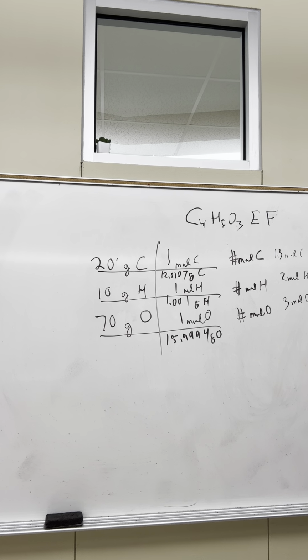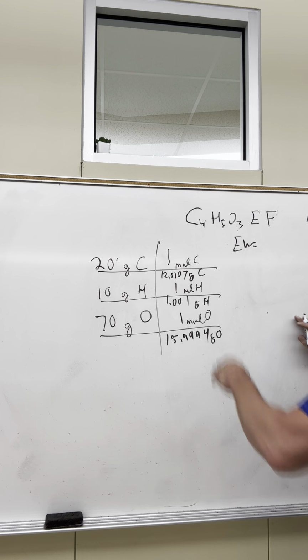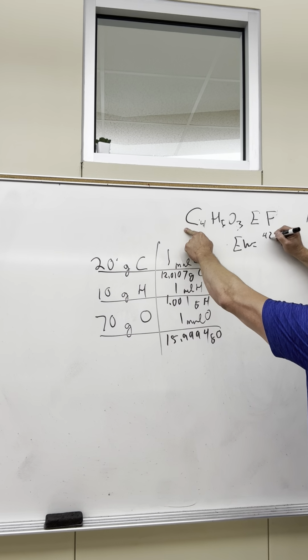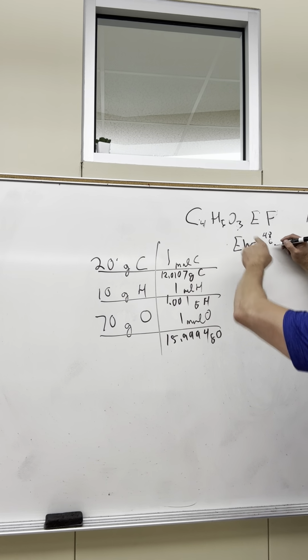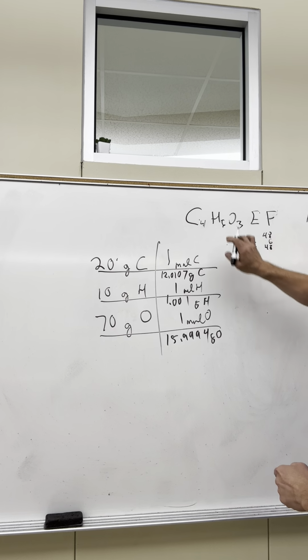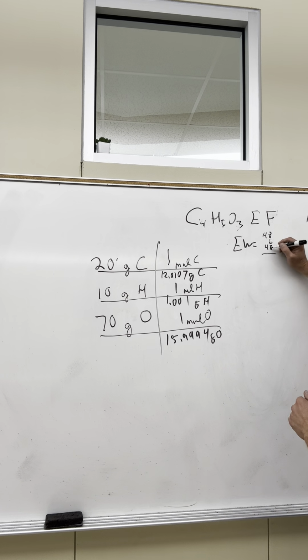Now, the very next thing they might ask you is, what is the molecular formula? So they're going to give you some molecular weight. So let's just do this real quick. Let's say this is my empirical formula. My empirical weight would be 4 carbons, that's 48, plus 6, plus another 48. 16 times 3 is 48. So I have 96 plus 6, 102 grams would be my empirical weight.